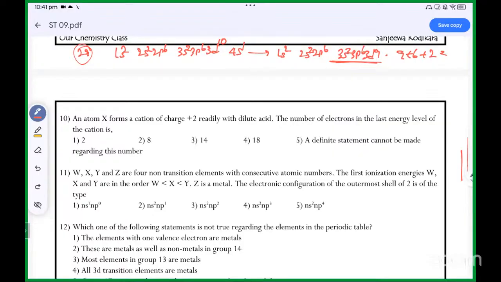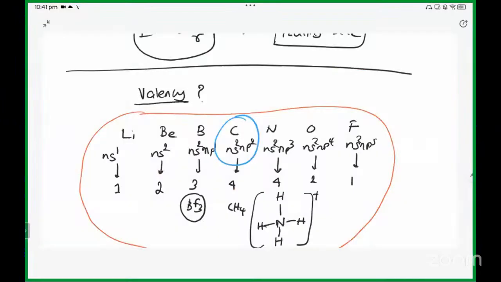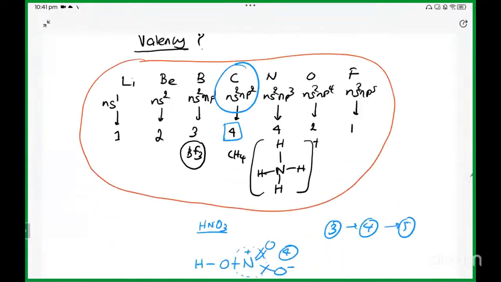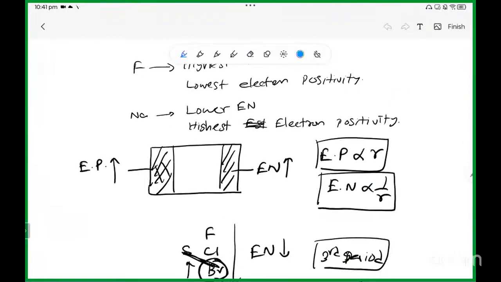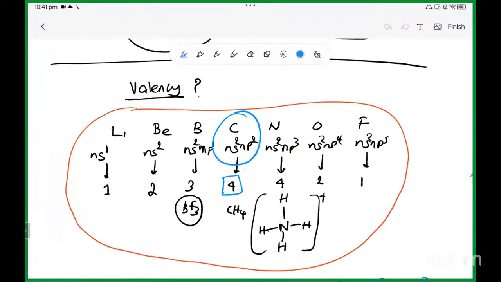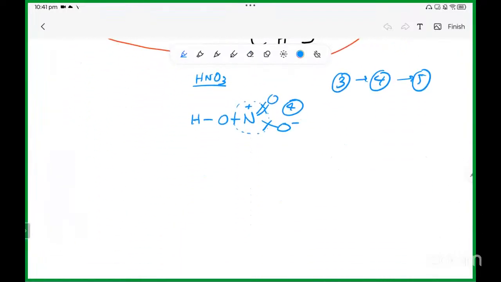Now, this is a tricky question. For example, if you take 14th group elements, now they are talking about it creating a +2 cation after reacting with dilute acid, which means it has released 2 electrons.